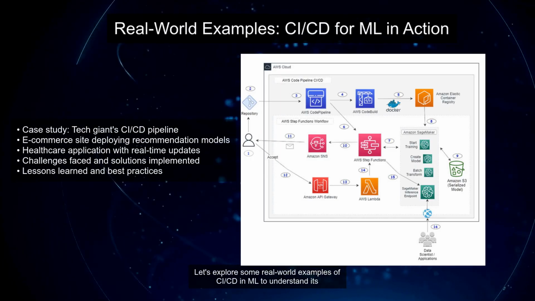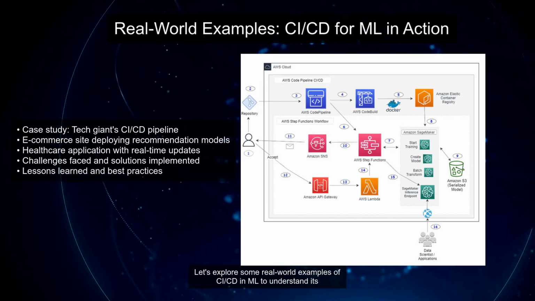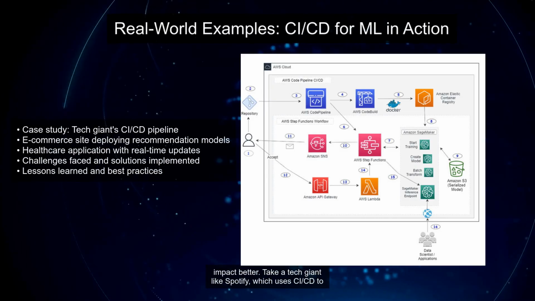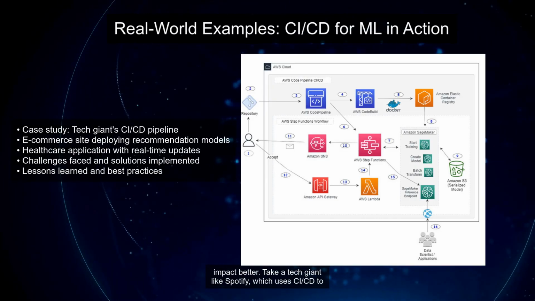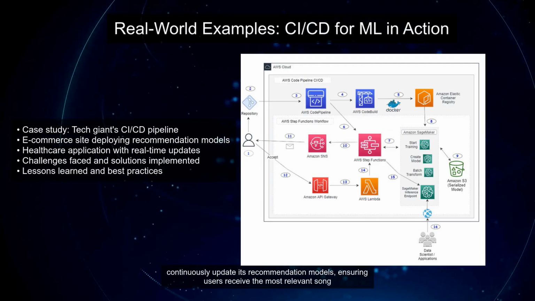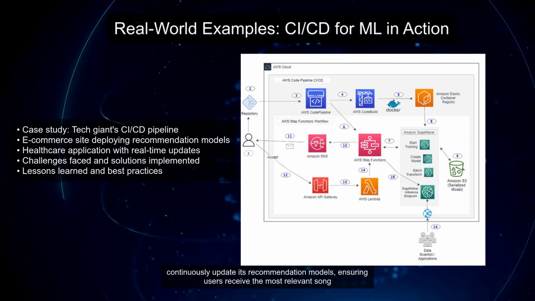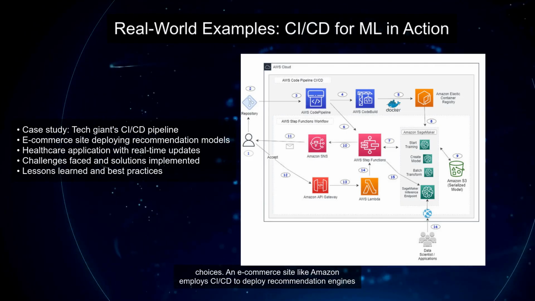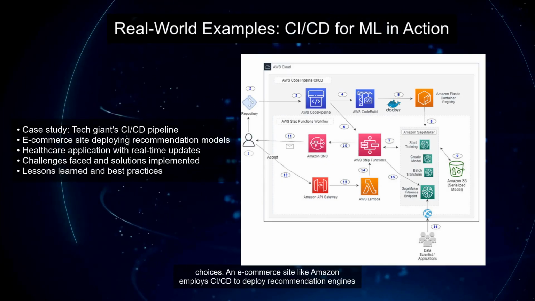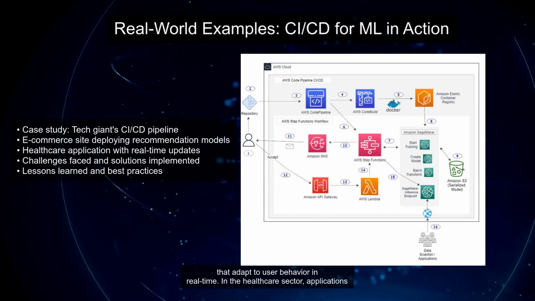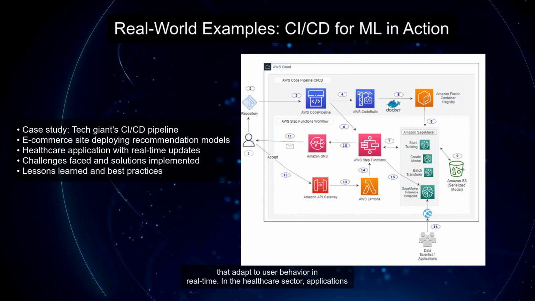Let's explore some real-world examples of CI/CD and ML to understand its impact better. Take a tech giant like Spotify, which uses CI/CD to continuously update its recommendation models, ensuring users receive the most relevant song choices. An e-commerce site like Amazon employs CI/CD to deploy recommendation engines that adapt to user behavior in real time.